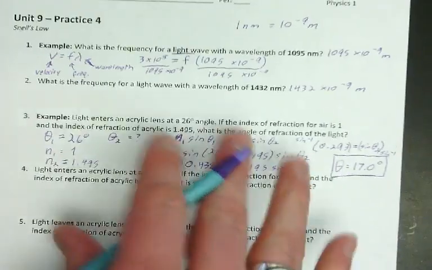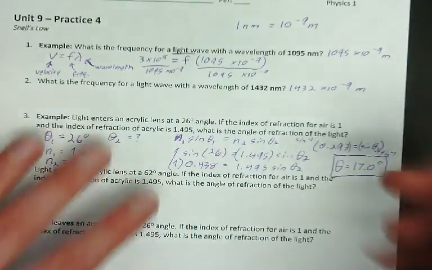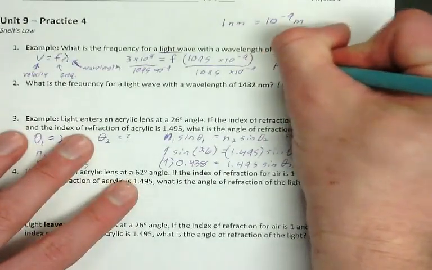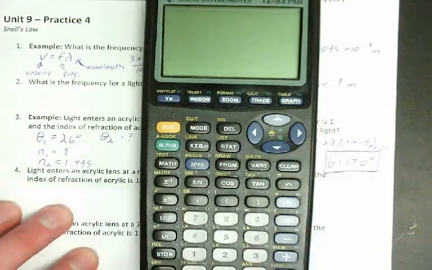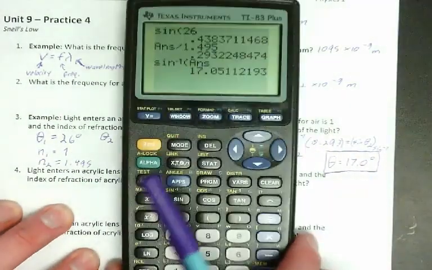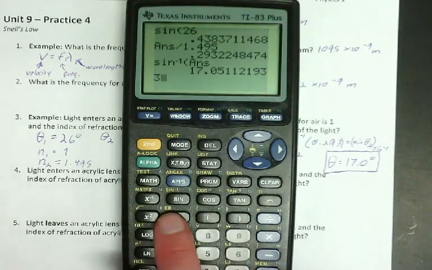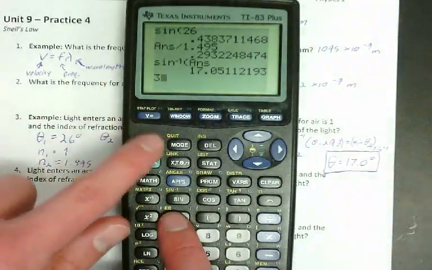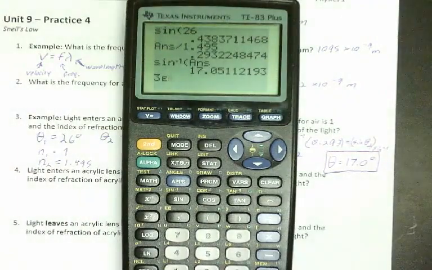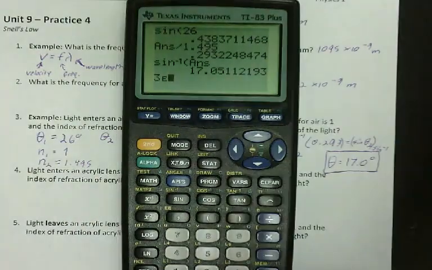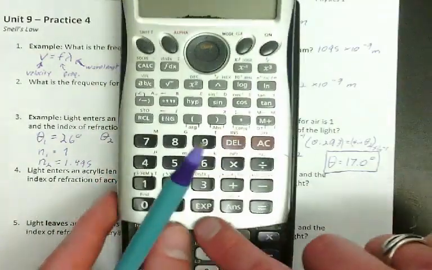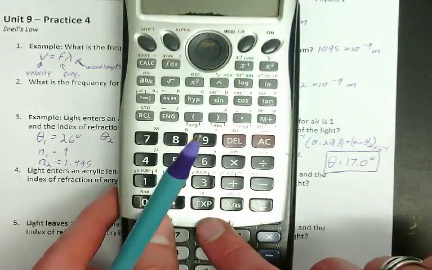And here's where you have to be careful. You just have to be careful, how do you plug it in? So here's how I do it. I use the scientific notation on my calculator, so I do it like this. 3 EE on mine, that's times 10. You might have a calculator that has an EXP on it. That's what you would hit instead of the EE.